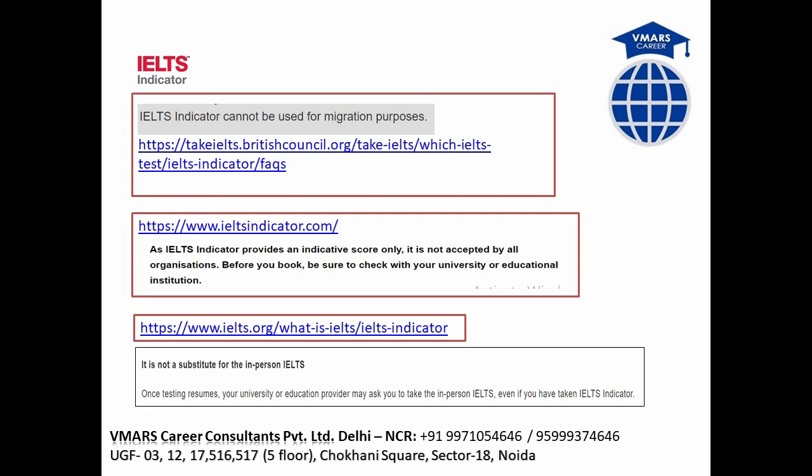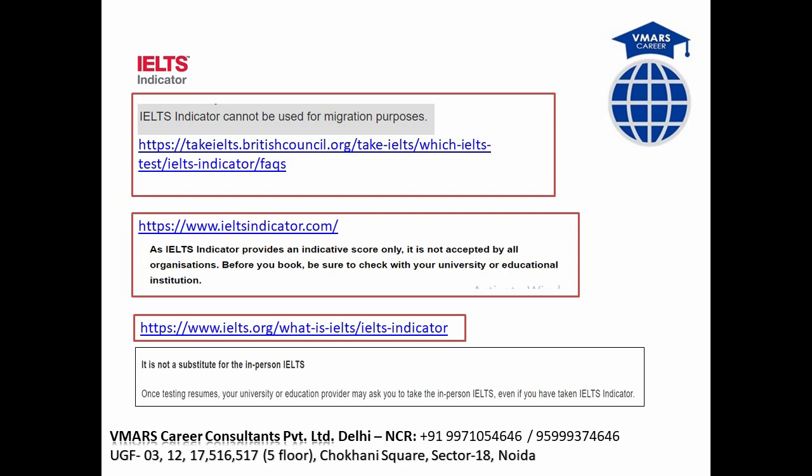Before you actually decide to take IELTS Indicator, check the list of universities or colleges you're looking to apply to, and check on their website whether they have IELTS Indicator as an approved test. Before you book your test, check with the university and your study visa counselor that your desired university or college is going to accept IELTS Indicator.